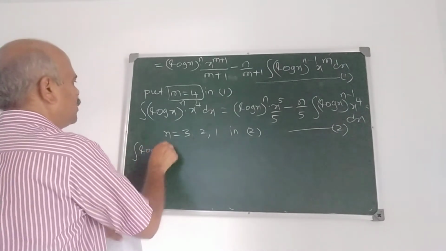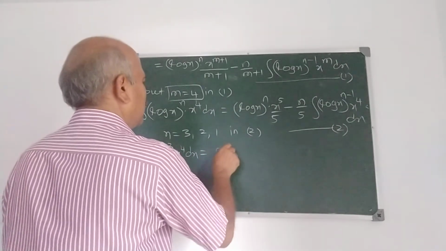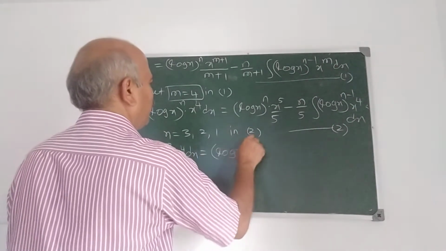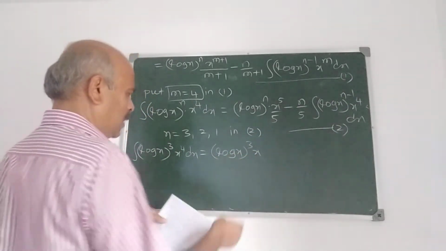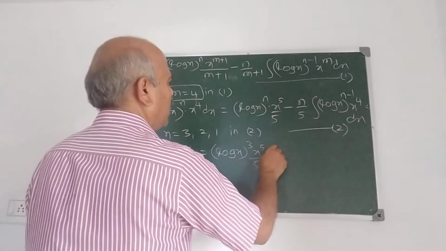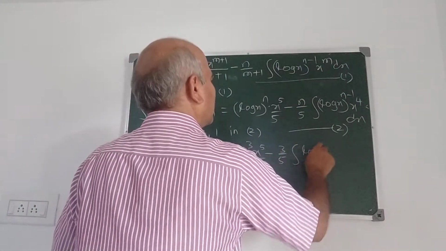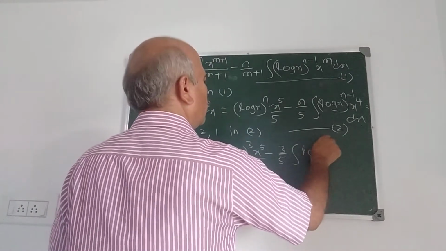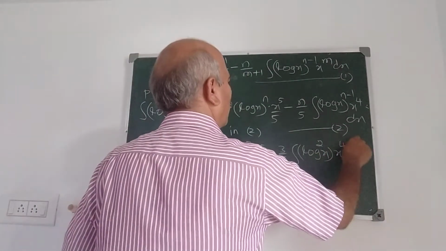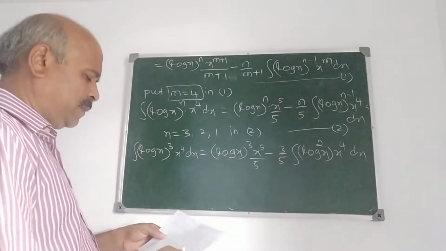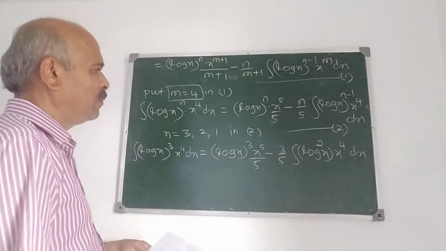Integral log of x raised to 3 x raised to 4 dx is log of x raised to 3 x raised to 5 by 5 minus 3 by 5 log of x raised to 2 x raised to 4 with respect to x, because n is 3.